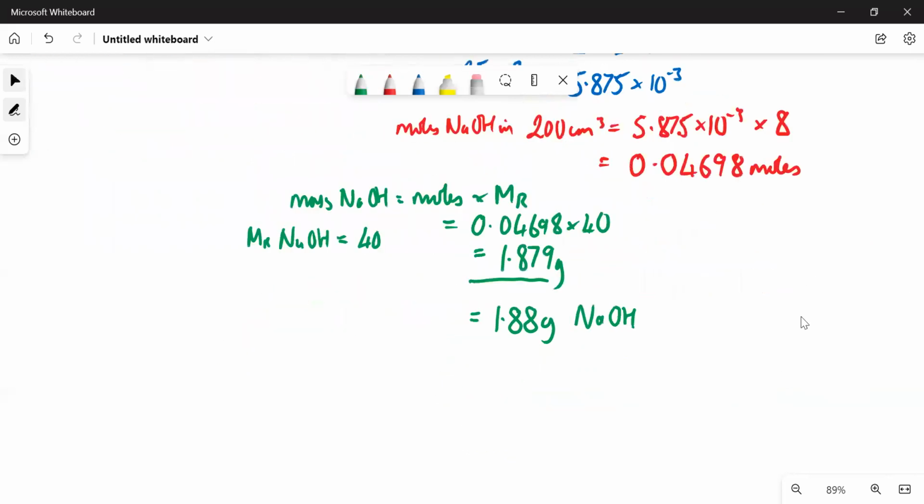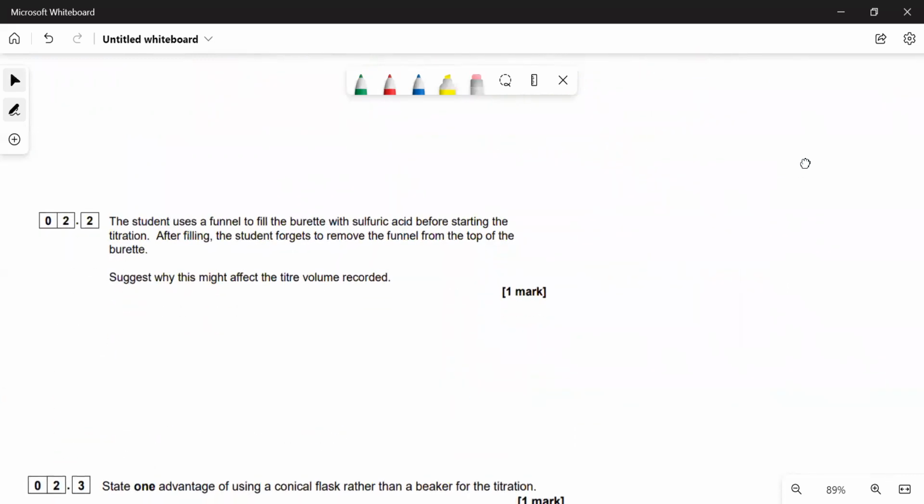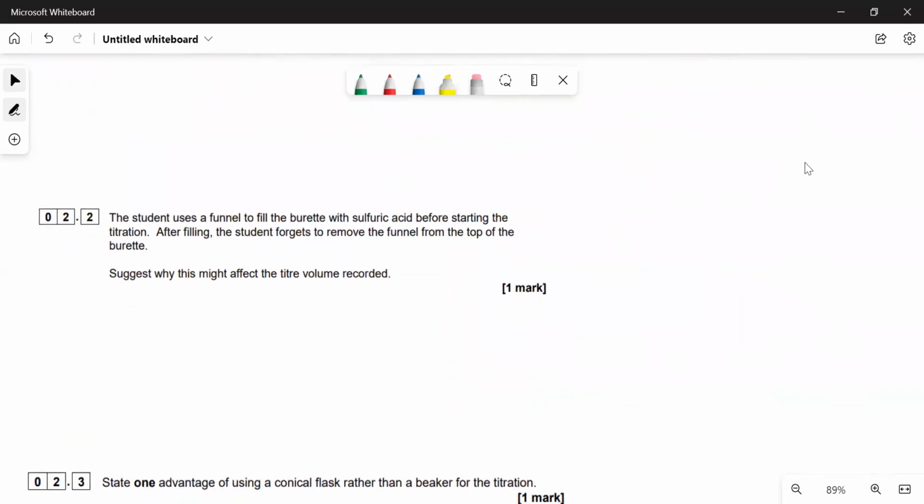Okay, now some questions about titration here. The student uses a funnel to fill a burette with the sulfuric acid. After filling, the student forgets to remove the funnel from the top of the burette. Suggest why this may affect the titer volume recorded. Well, quite often, if you have the funnel, you have a drop of solution trapped between the funnel stem and the burette.